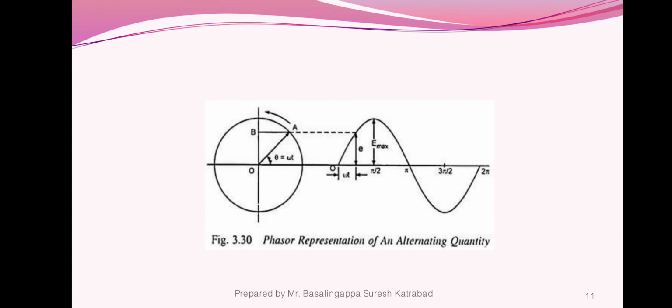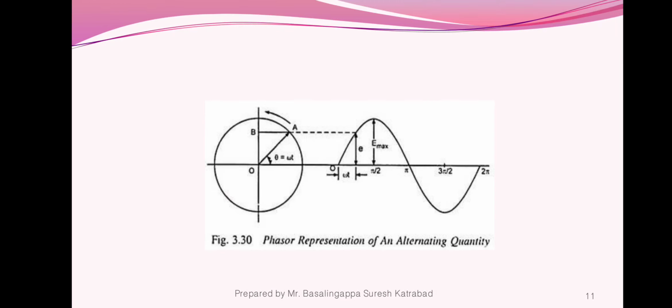When it rotates anti-clockwise, initially the waveform is at 0 position, next at position omega t. As it rotates, the waveform increases, reaches maximum value, and again decreases, reaching 0.